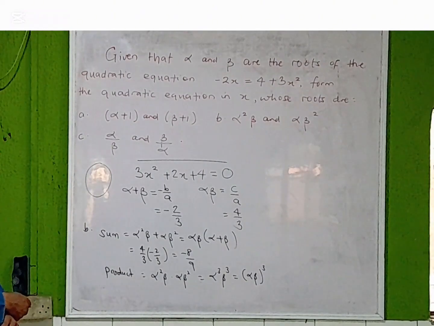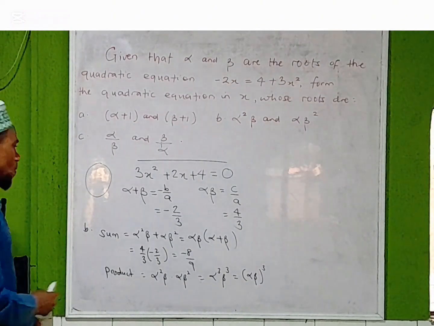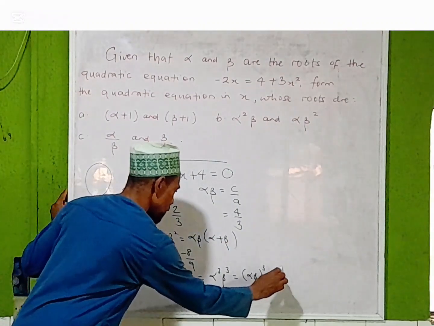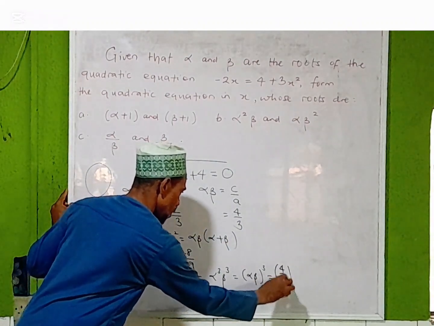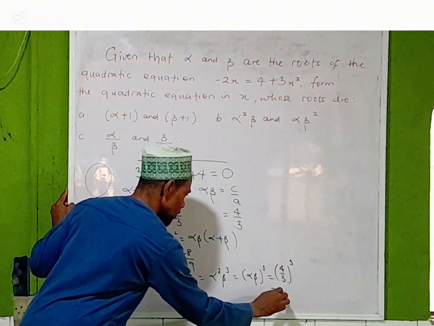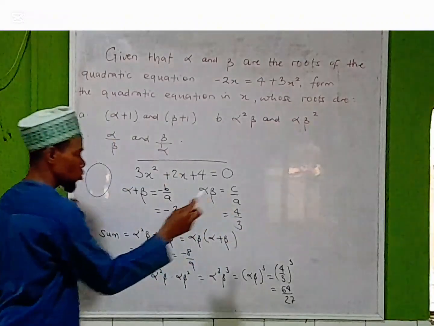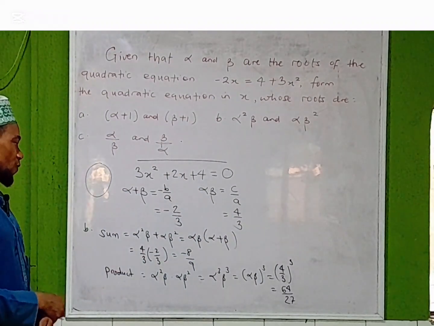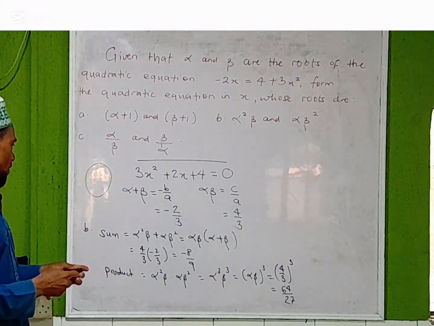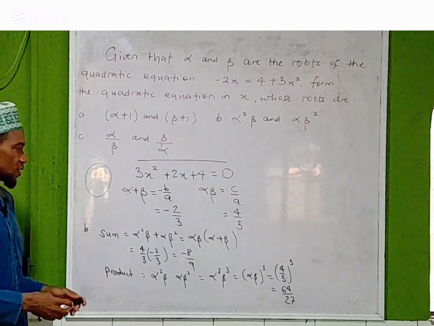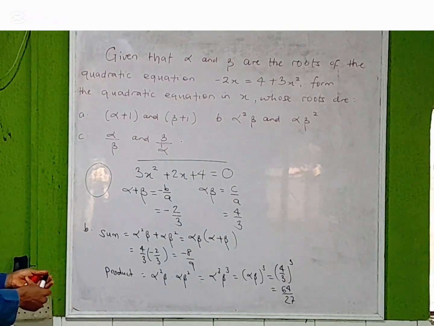That's indices, alpha beta all cubed. Then alpha beta is simply 4 over 3. Hence we have here 4 over 3 all cubed, which results in 64 over 27, because 4 cubed is 64 and 3 cubed is 27. So in this case, the sum amounts to minus 8 over 9, and the product is 64 over 27.